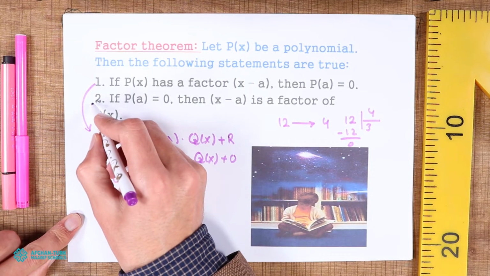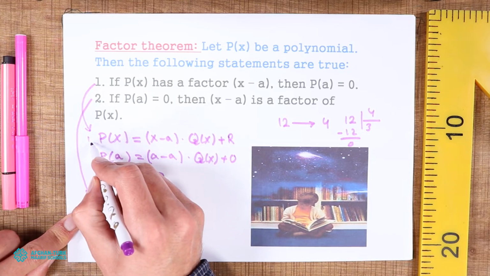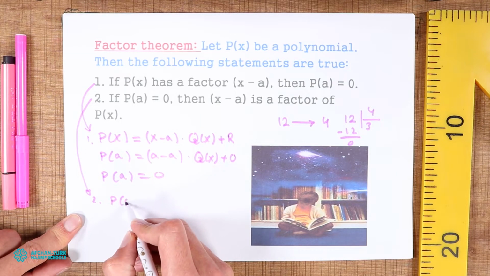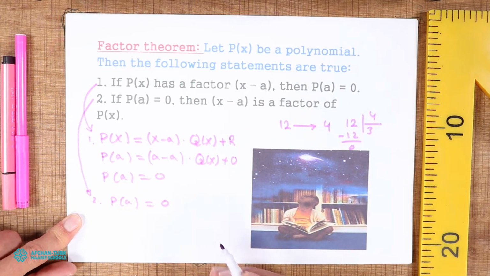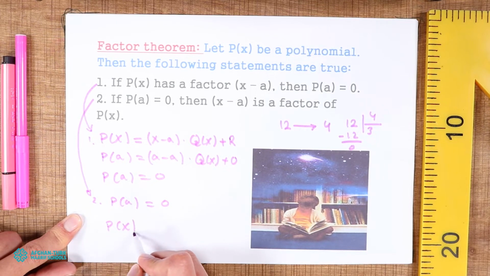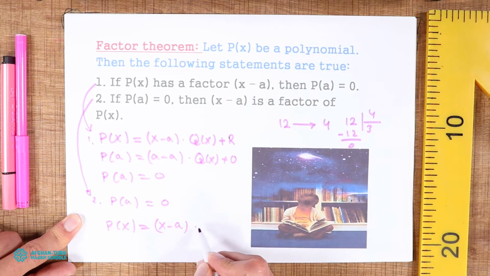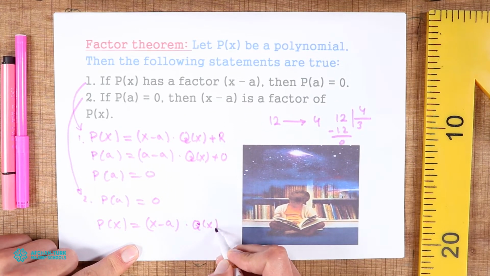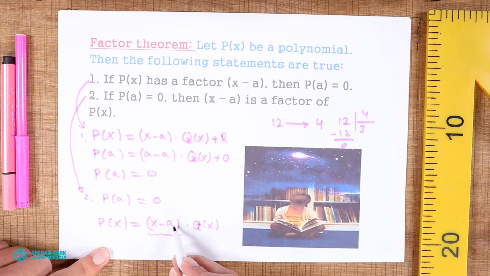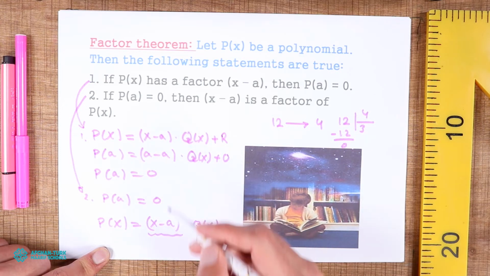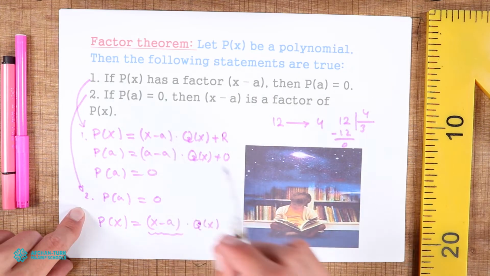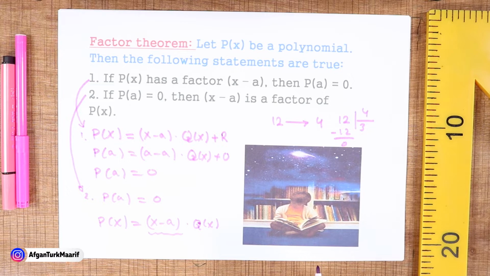So from the second statement, if p of a is 0, then we will have the result that p of x is equal to x minus a times q of x. It means that x minus a is a factor of p of x. They are the inverse of each other. If p of x has a factor x minus a, then p of a comes 0, and if p of a is 0, then x minus a is a factor of p of x.